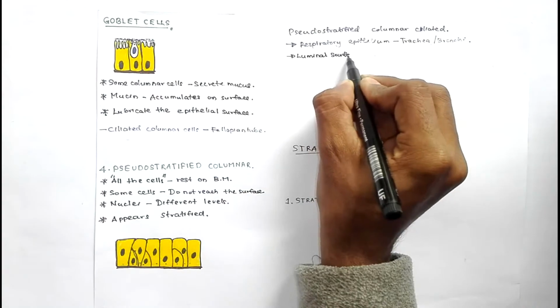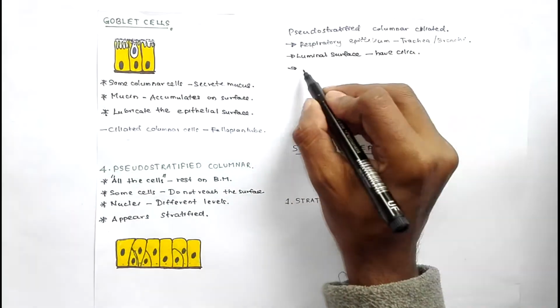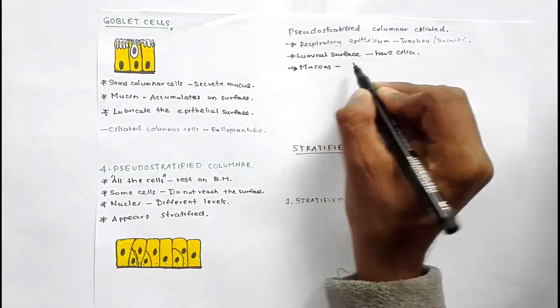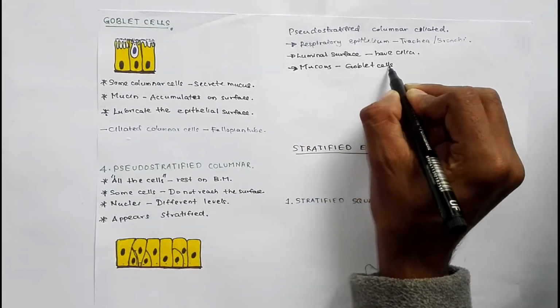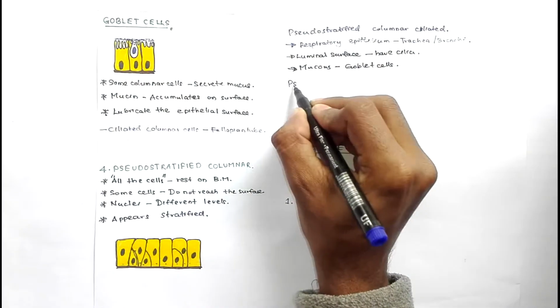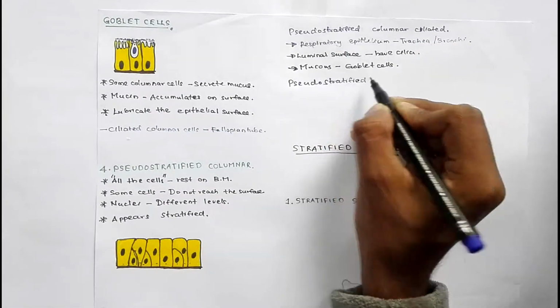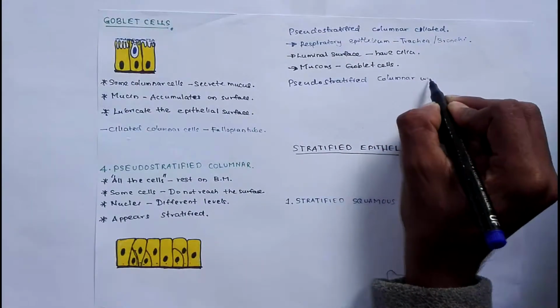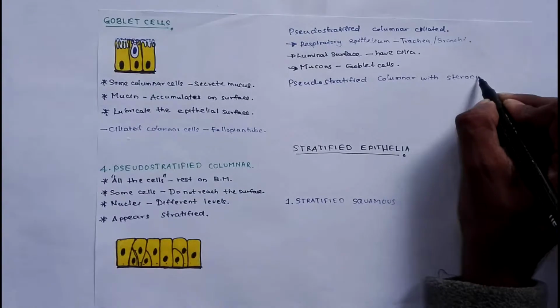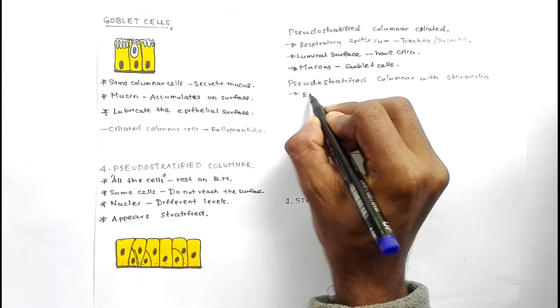The luminal surface has cilia and contains mucus-secreting goblet cells. Pseudostratified columnar cells with stereocilia can be seen in the epididymis and vas deferens.